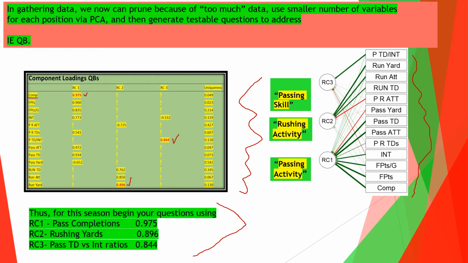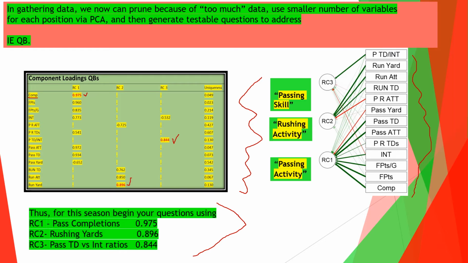They are just the same piece of the whole puzzle that the completions are pretty much telling you, so I don't have to focus so much on a lot of other information. And here's the .975. And then for rushing, it's rushing yards. That's the quarterback rushing activity. That's certainly not something that's going away. It's increasing, and it's .896.